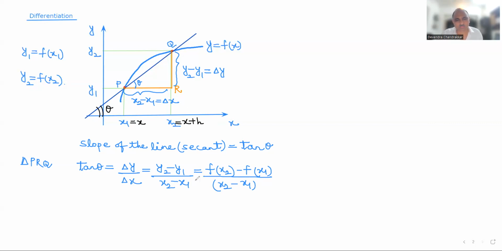Can I write this tan theta, the slope of the secant, as f of x plus h minus f of x upon x plus h minus x? All of you, say yes or no. Yes, sir. Simple, right? No problem with this? No, sir. Very good.